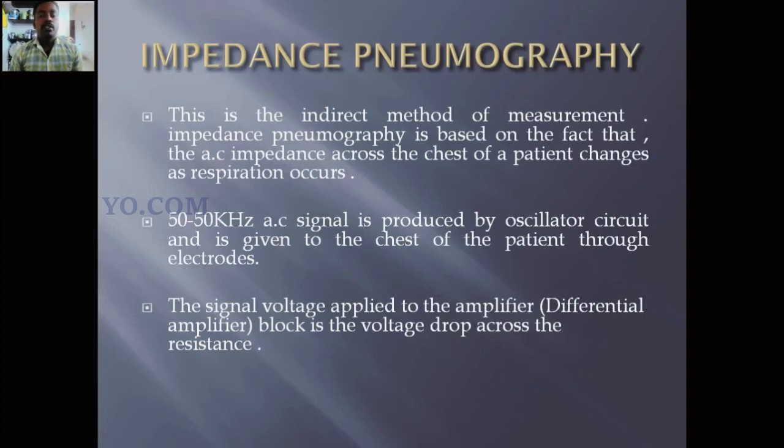Then this signal voltage is applied to an amplifier, that is, we are using a differential amplifier. The observed signal is the voltage drop across the resistance. So it's a very simple method. We apply the high-frequency signal to the chest of the patient, then observe the signal value.